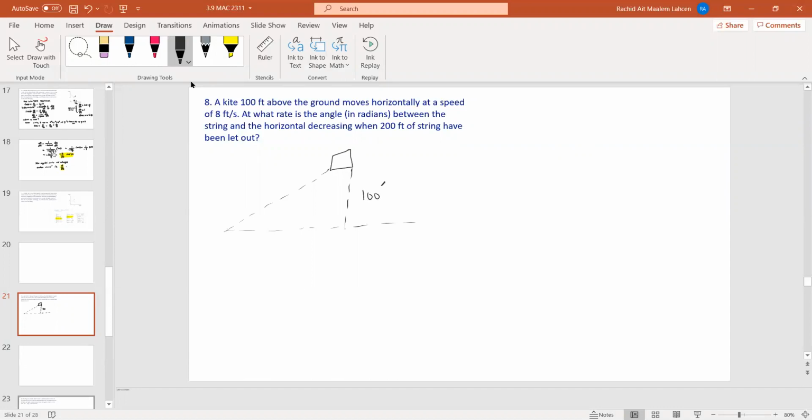So these 100 feet is going to be fixed because it's going to say at what rate is this angle theta changing in radians between the string and the horizontal when 200 feet of the string have been let out, right? And the kite is moving horizontally in this direction, right?